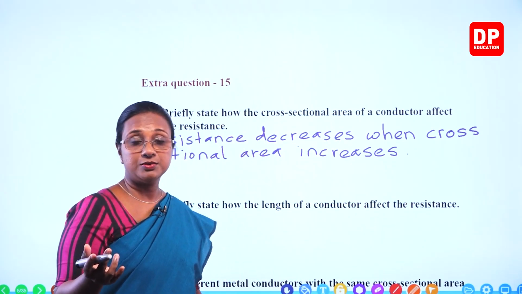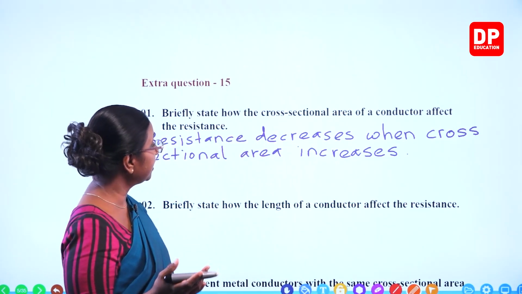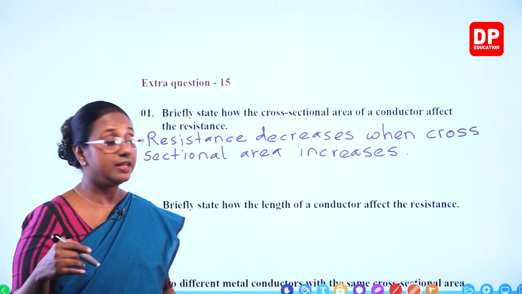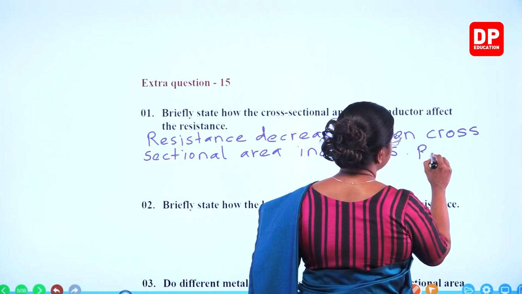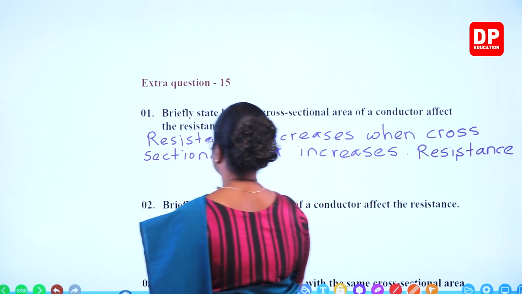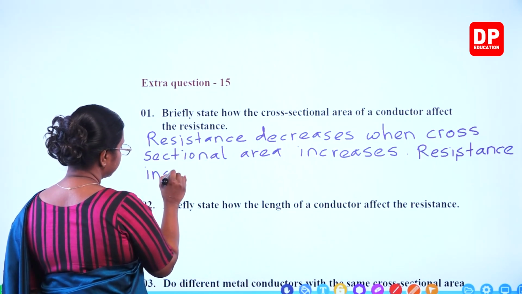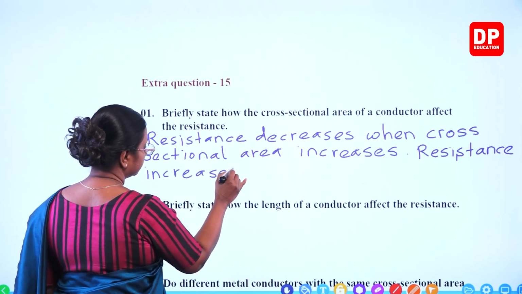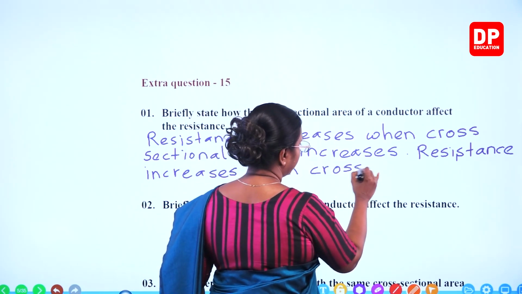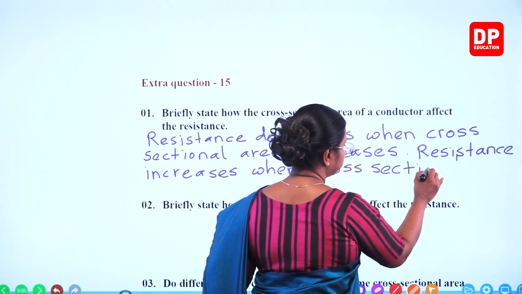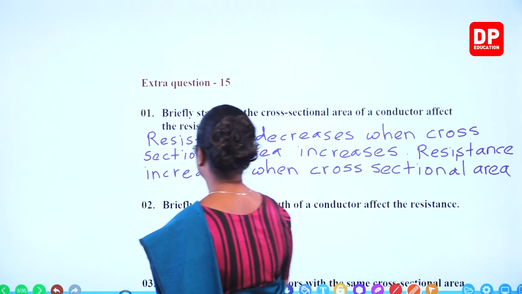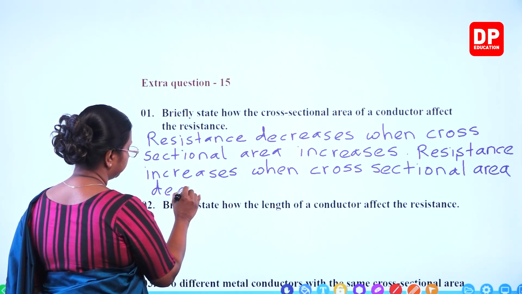In other words, or vice versa, you can say resistance increases when cross-sectional area decreases. So, we can say resistance increases when cross-sectional area decreases.